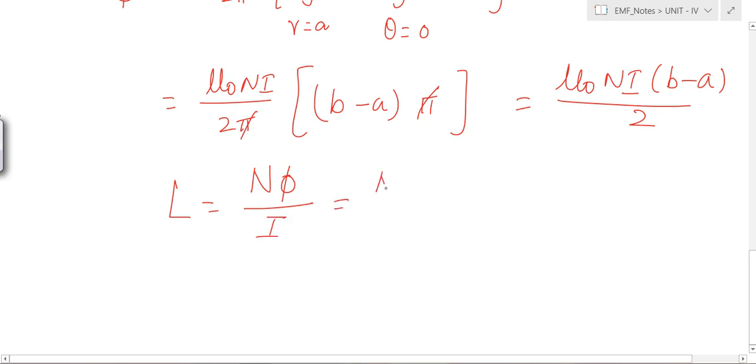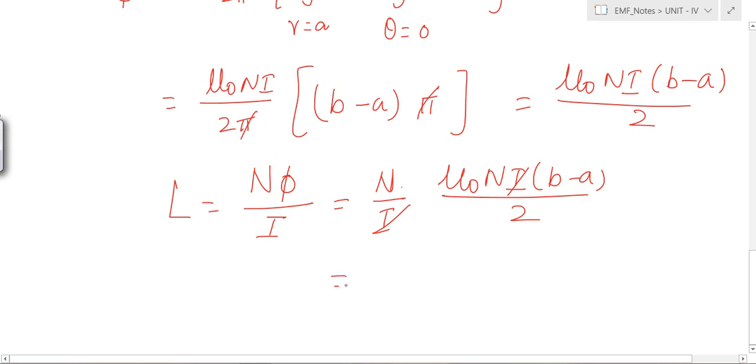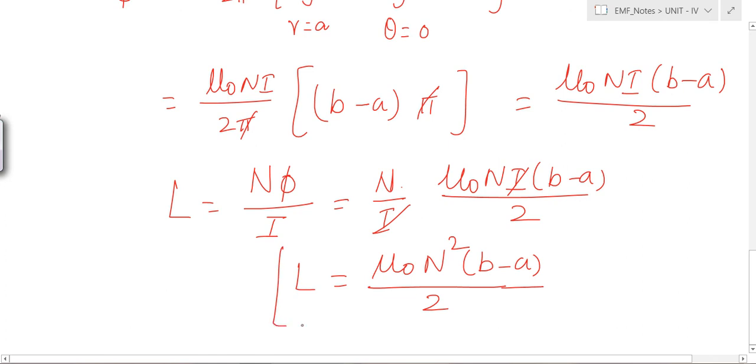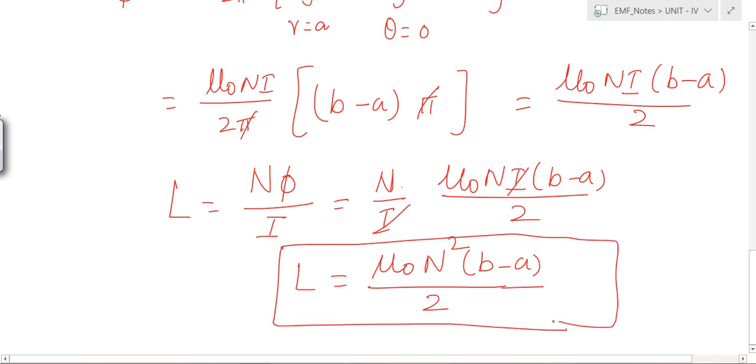So N by I into psi, mu naught N I (b minus a) by 2. I will get cancelled. So this value is equal to mu naught N squared (b minus a) by 2, the value of inductance of a toroid coil having circular cross section.